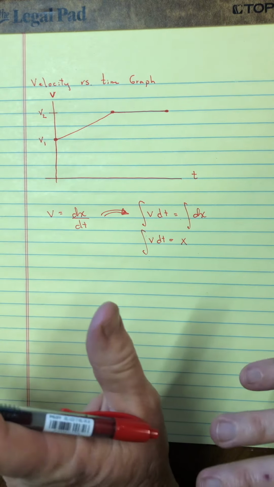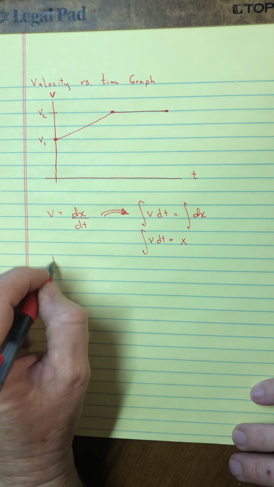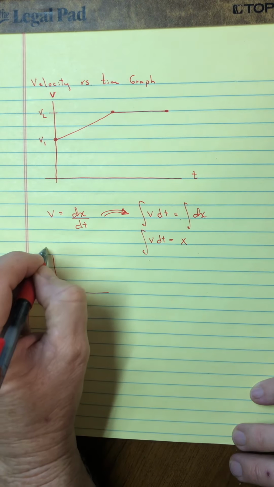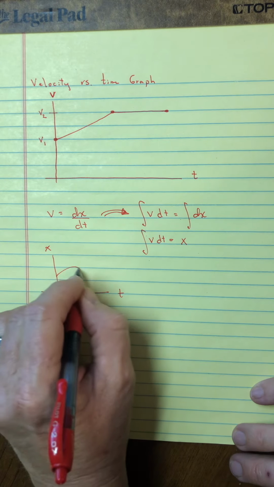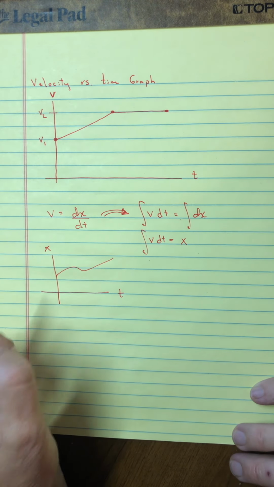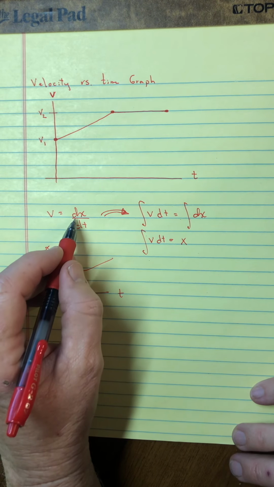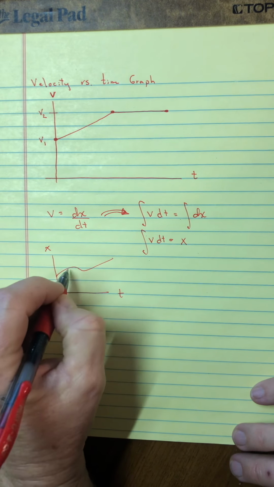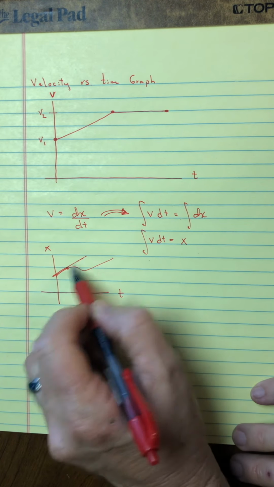Here's why I say that. If we had a plot of position versus time, and let's just say it went like so, you know from your calculus class that the derivative is graphically the slope at that point.